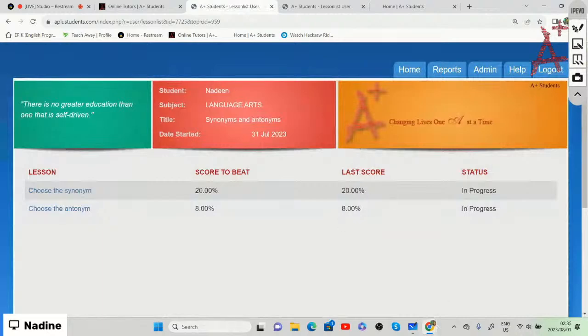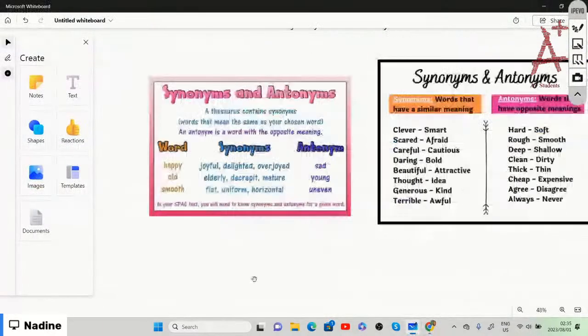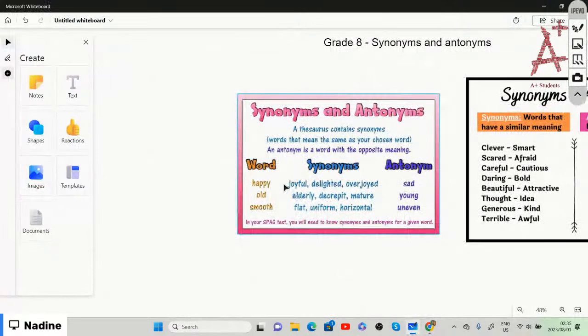All right, now we're going to do an activity. Let us go to the whiteboard. Synonyms and antonyms. They say a thesaurus contains synonyms, which are words that mean the same as your chosen word. An antonym is a word with opposite meaning. For example, we have the words happy, old, smooth.